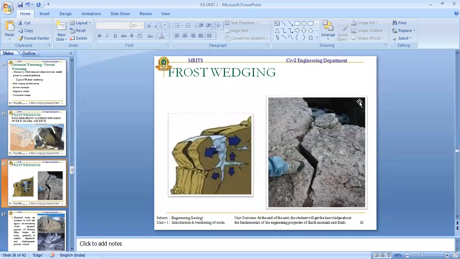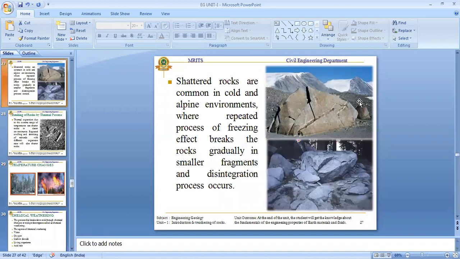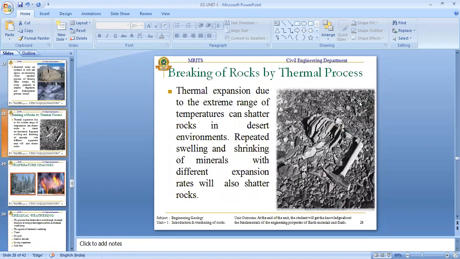You can see here how the solidified water imparts pressure and force on the particular rocks. This is frost wedging and frost heaving. These are the shattered rocks from freezing, how they are cracked, and this is by thermal process. For the heat, how the rocks are going to change.